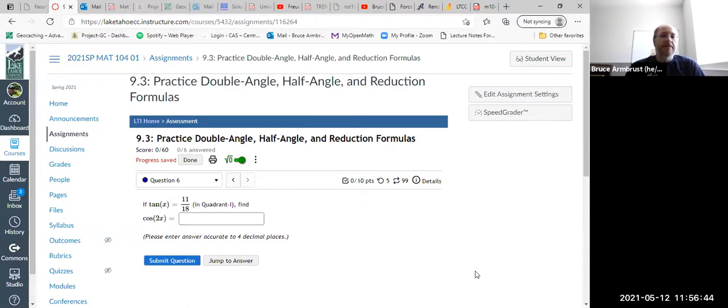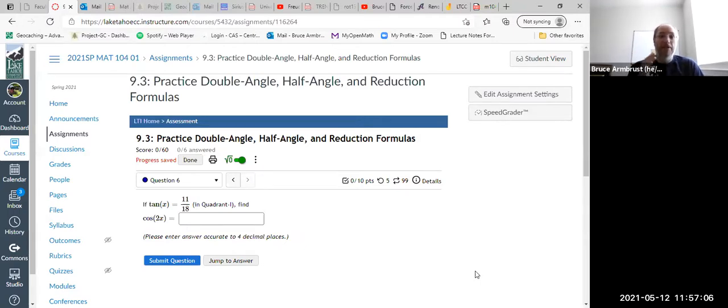Okay, so this one says if tangent is equal to 11/18, and it's in quadrant 1, then cosine of 2x equals. All right, well, this is actually really similar to what we did last time. We're actually only finding one of the 3.